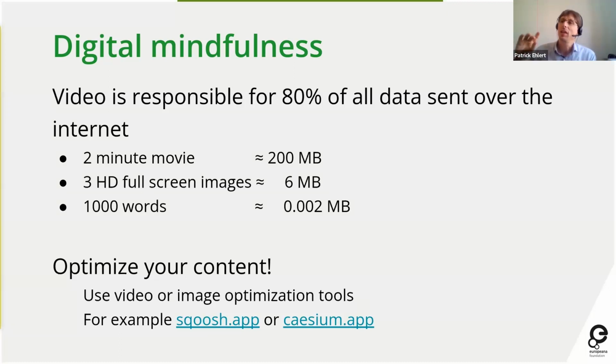But images also have quite an impact compared to words, for example. If you were able to send across the same message in 1,000 words, that would only take about 0.002 megabytes in terms of data that needs to be sent to someone else. So the key message here is to think about the format that you're using to convey your message.